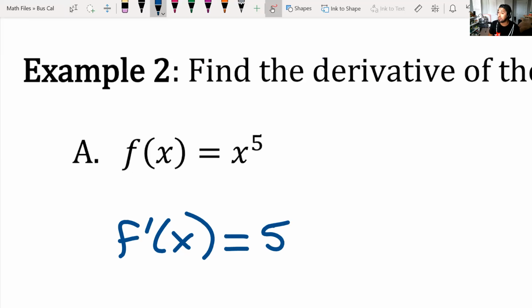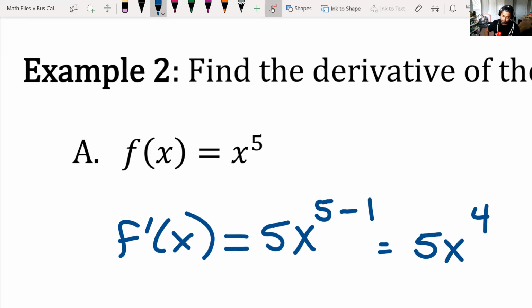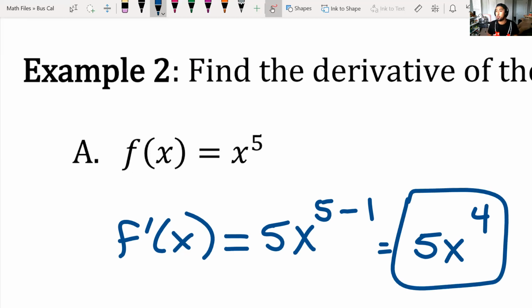That exponent of 5 comes down, it multiplies the x, and you subtract 1 from the exponent that was originally there, which was 5, which will give us 5x to the 4th. That's it. That's the derivative.